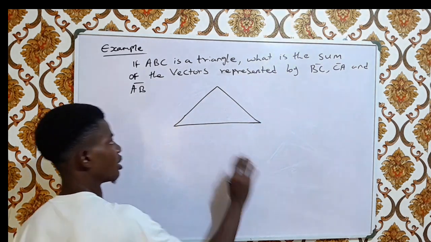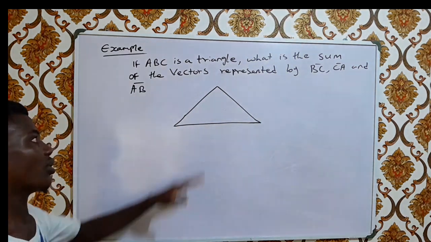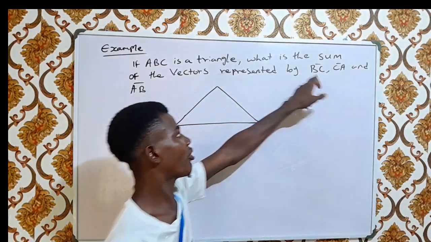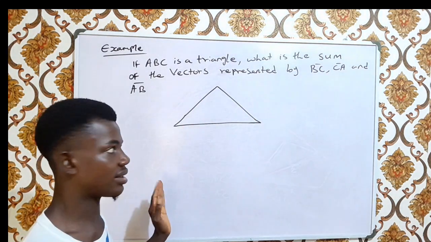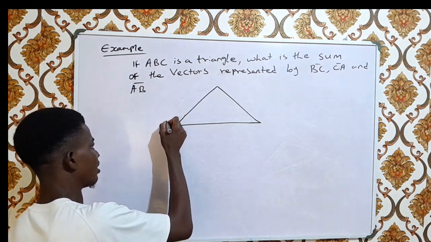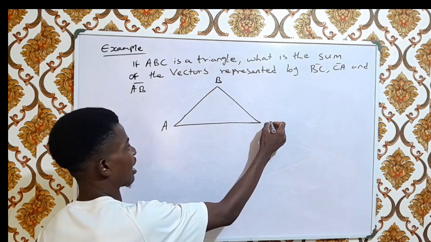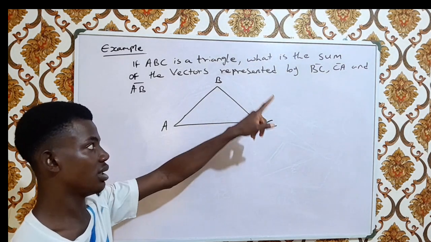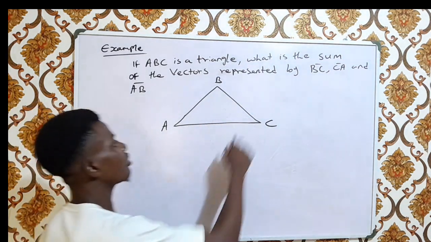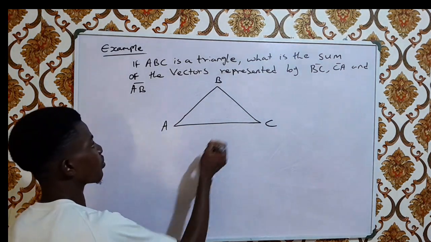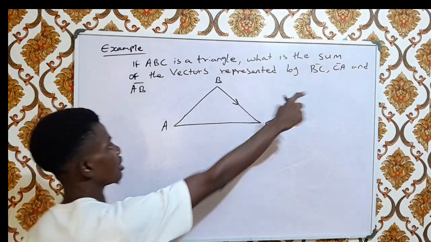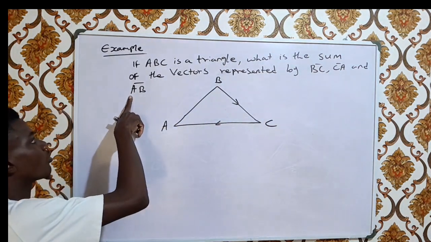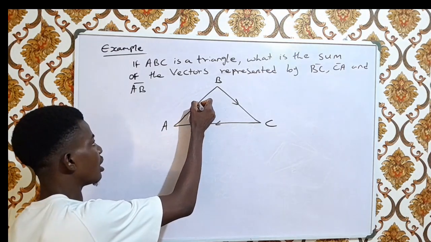Now, you give them alphabets, A, B, and C. Anyhow you start it, it must still correspond with A, B, C. Now, the vector moves from B to C. The vector moves from C to A. The vector moves from A to B.